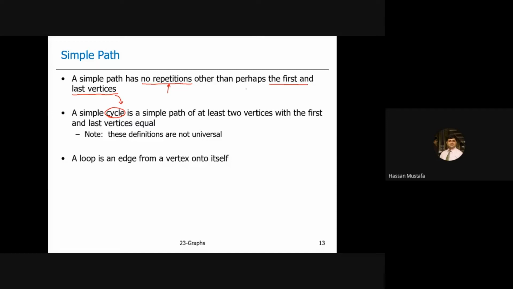In that way we repeat the first and the last vertex, and that's a cycle. For a simple cycle, we do not repeat any other vertex on the way. We start from the source vertex, we move to different vertices, and then come back to the same vertex.